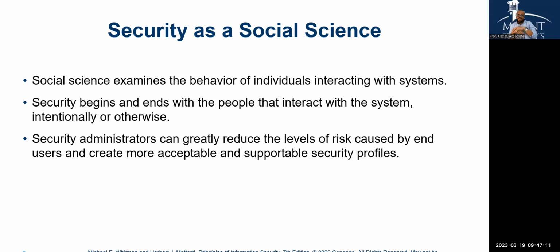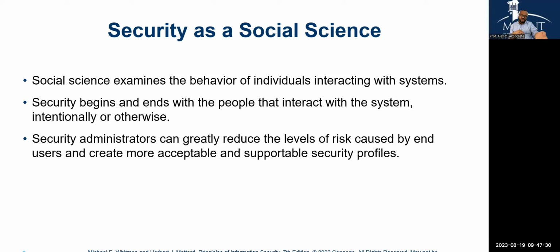So what about security as a social science? Because I'm looking at the behavior of individuals interacting with the system. So maybe security begins and ends with the people that interact with the system, either intentionally or otherwise. So that would be looking at information security as a social science, right?